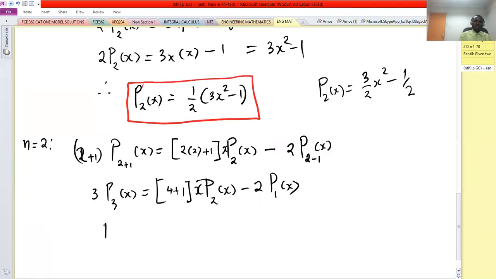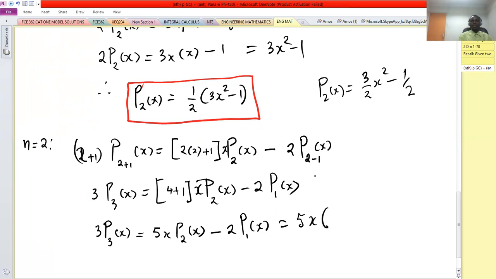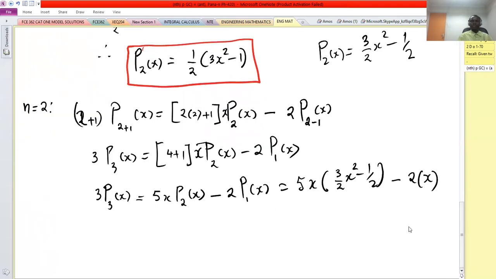So which tells us that 3 P3 of x equals 5x P2 of x minus 2 P1 of x. And let's replace P2 with 3 over 2 x squared minus a half. We have gotten it previously from this step. Minus 2 P1, which is x.